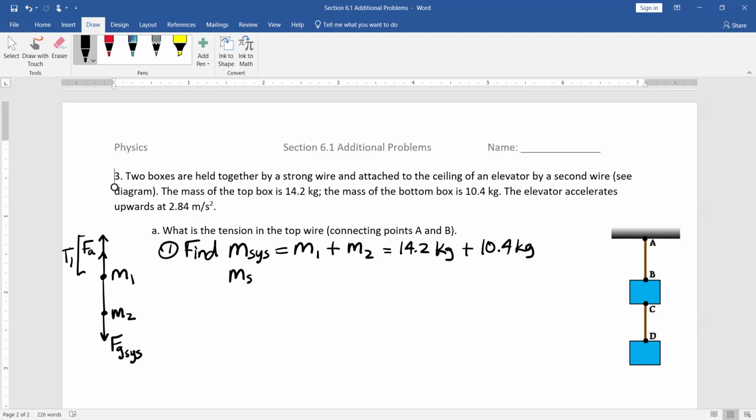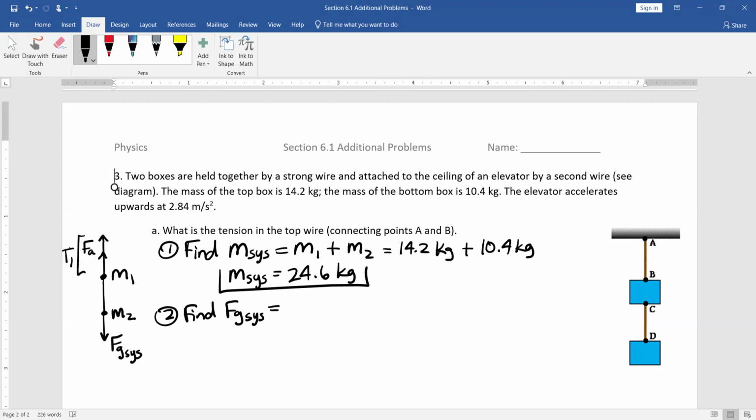So the mass of the system is those two combined, which is 24.6 kilograms. All right, I'm going to use that mass to find the force of gravity on the system.